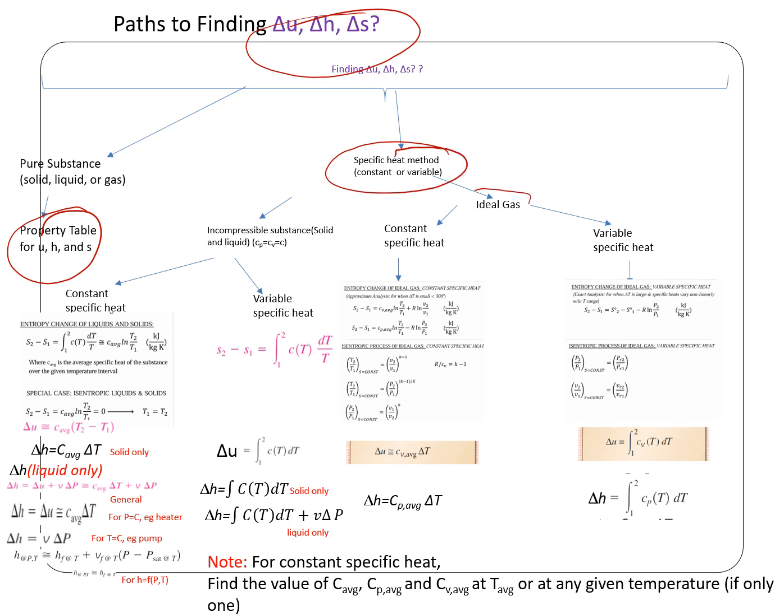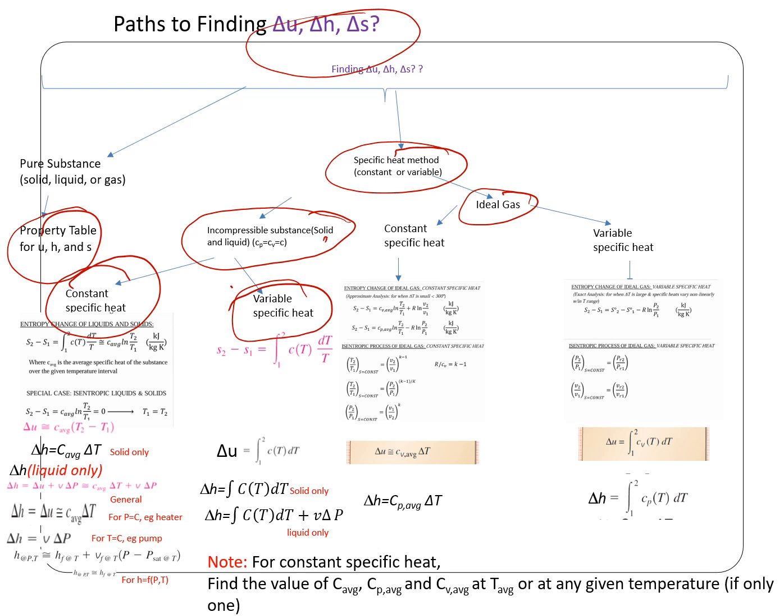Within that you have the ideal gas route and the incompressible substance, solid and liquid. It tells you how you can find these delta U, delta H, and delta S for incompressible substances and ideal gases. Within that you have the constant specific heat method and the variable specific heat method.